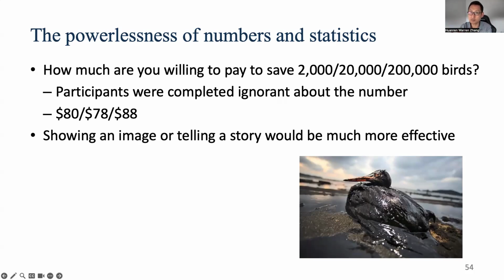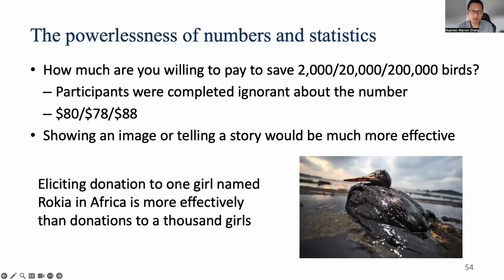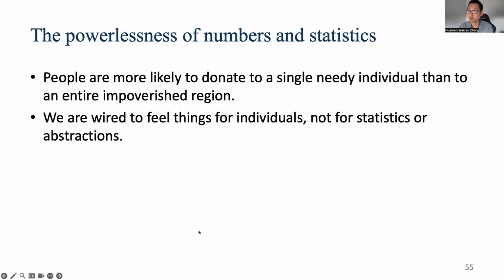But adding something that can arouse people's emotion would make your elicitation more effective. Right? So here's another example. Eliciting donation to one girl named Rokia in Africa is more effective than donations to 1,000 girls. So this demonstrates the powerlessness of numbers and statistics.